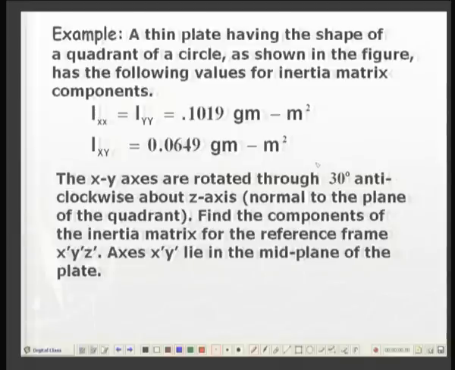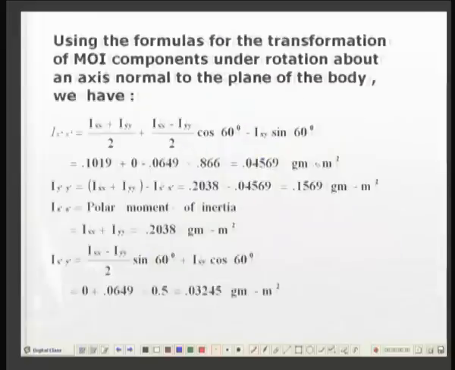The axes are rotated through 30 degrees anticlockwise, as we have seen, about an axis normal to the quadrant. Find the components of the inertia matrix for the reference frame x dash, y dash, z dash. X dash, y dash lie in the mid plane of the plate. So, I have already explained the problem. Let us go to the calculations.